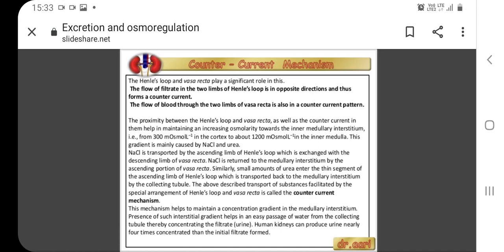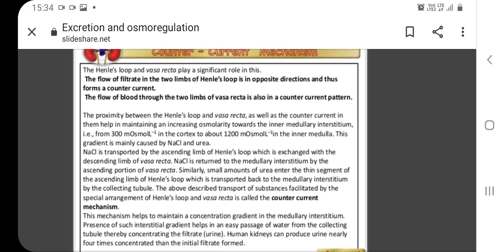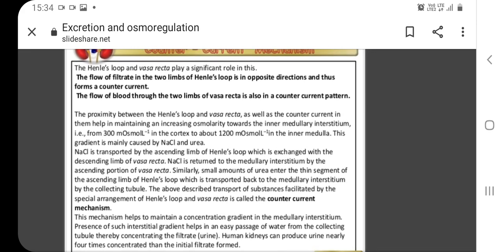The counter current mechanism. The Henle's loop and the vasa recta play a significant role in the counter current mechanism. The flow of filtrate in the two limbs of Henle's loop is in opposite directions and thus forms the counter current.